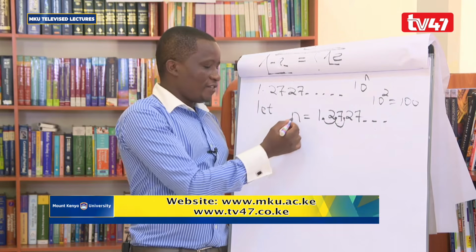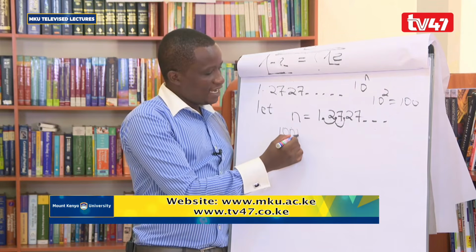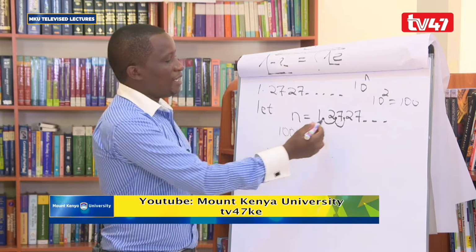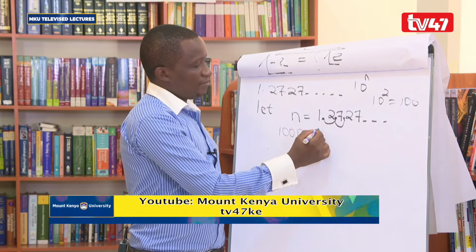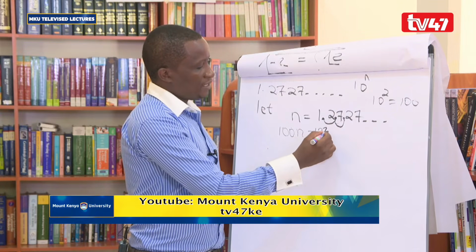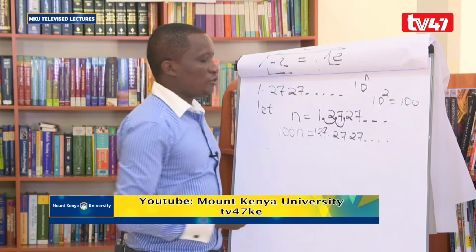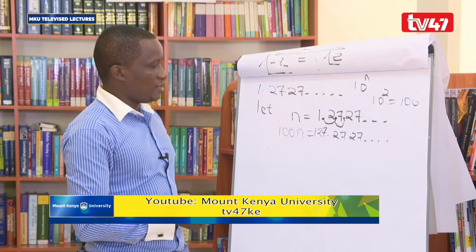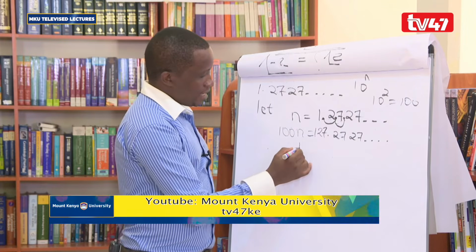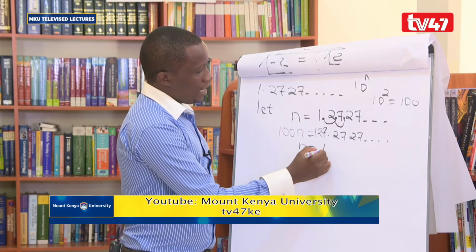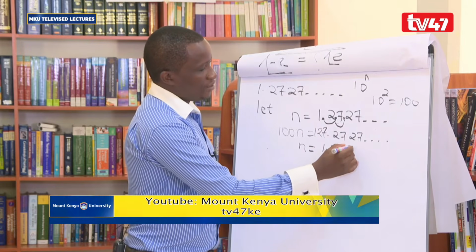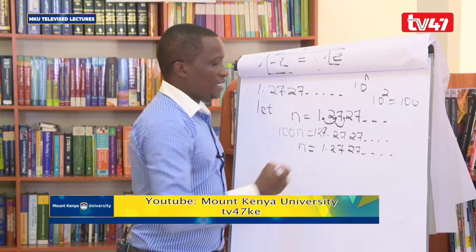And therefore, if I multiply this by 100, I get 100n. And then by multiplying this by 100, I shift it, and it becomes 127.27. Remember, the 27 keeps on repeating itself. So if I bring this down here, then I'll have 1.2727 being repeated that way.